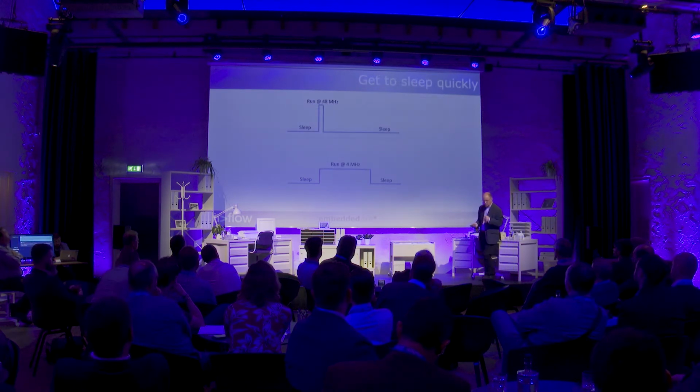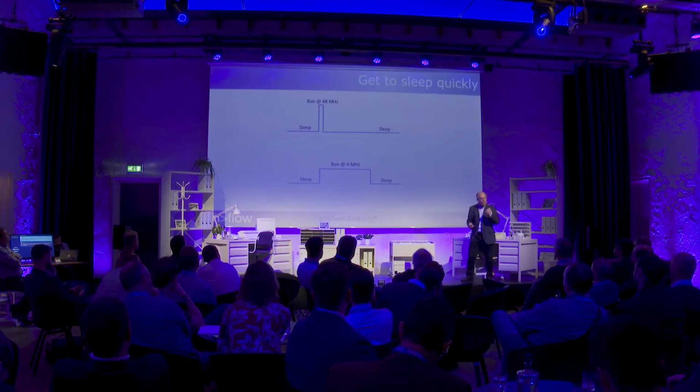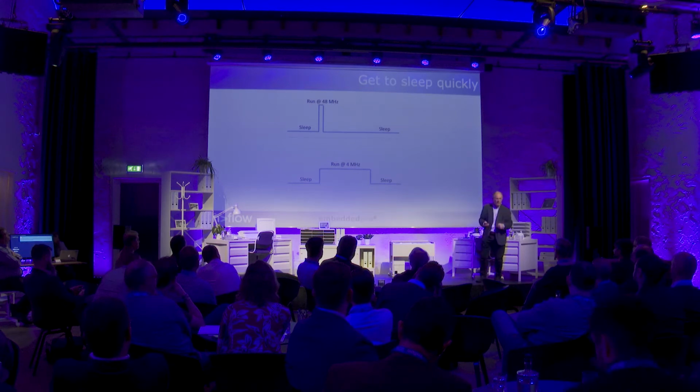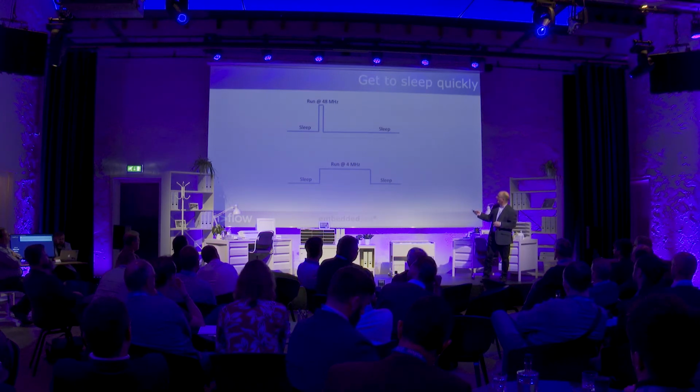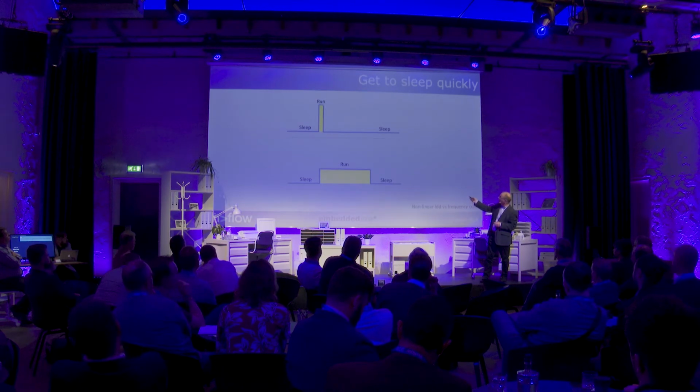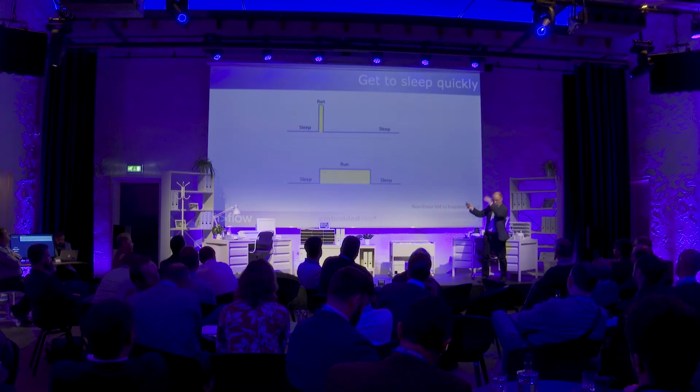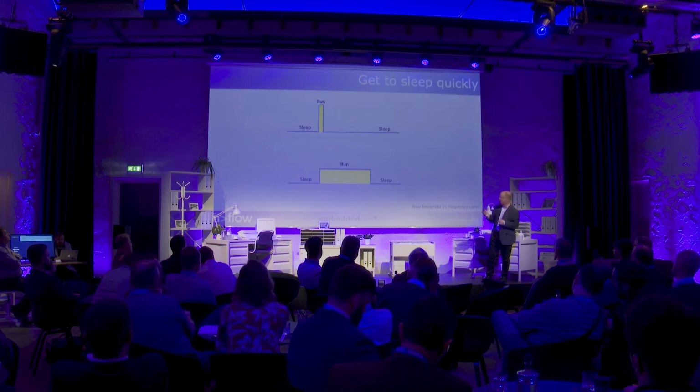Okay, so here's a tip. I recommend when you're up and you're working, do your work as fast as possible and then get back to sleep again. It works in your life, it works in an embedded system. So here we can show area under the curve. It's actually more efficient to get up, run at 48 megahertz and then get back to sleep again than running at, say, 8 megahertz.